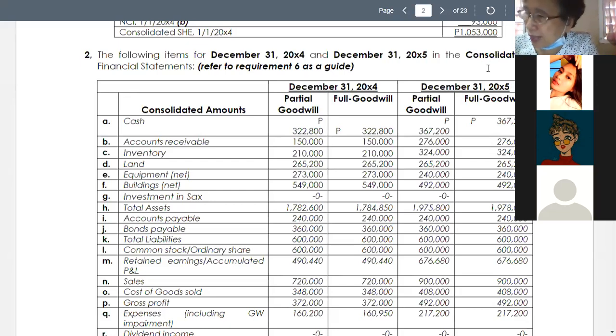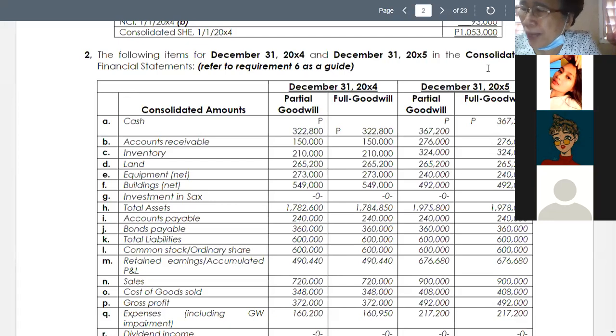So take note that the analysis of the equipment account is the reverse of that of the building account, because in the equipment there was an undervaluation, in the building there was an overvaluation.